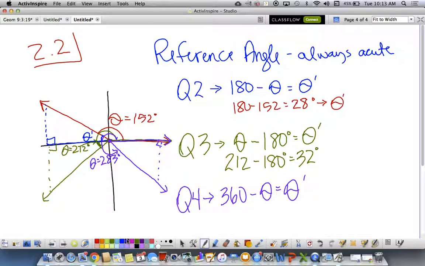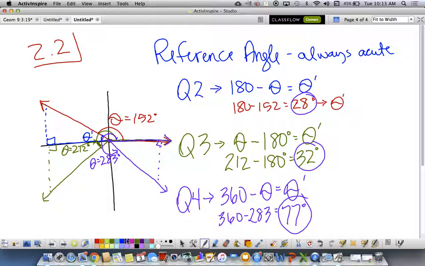So if your theta is 283, what's 360 minus 283? 77. But do you see all of our theta primes are acute numbers?